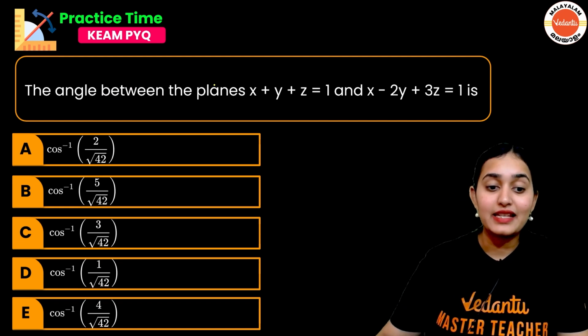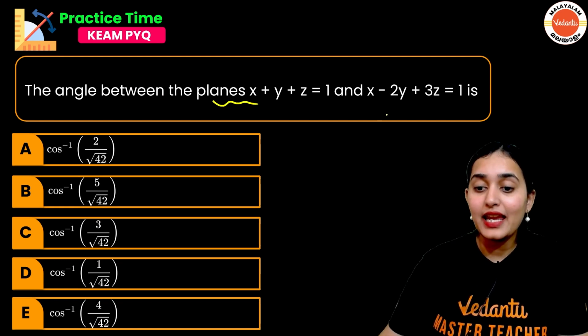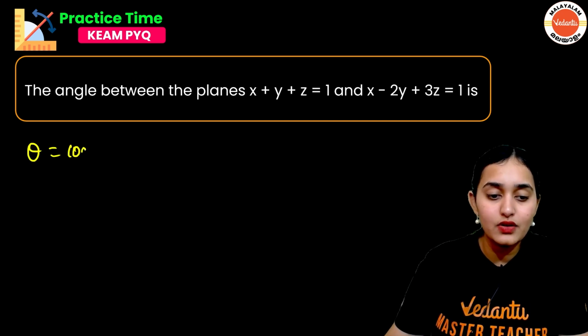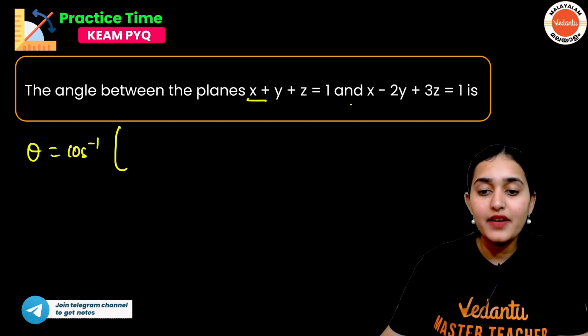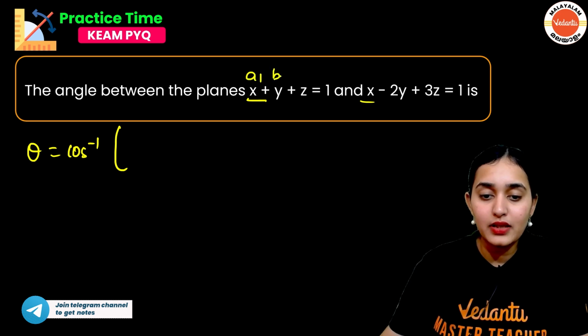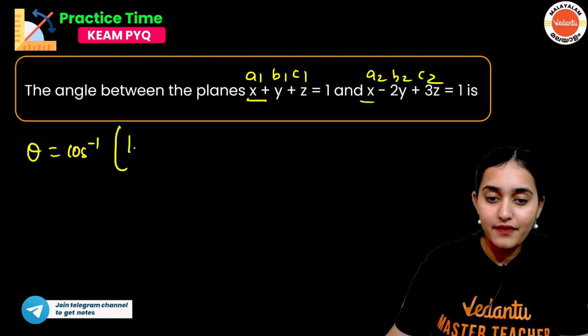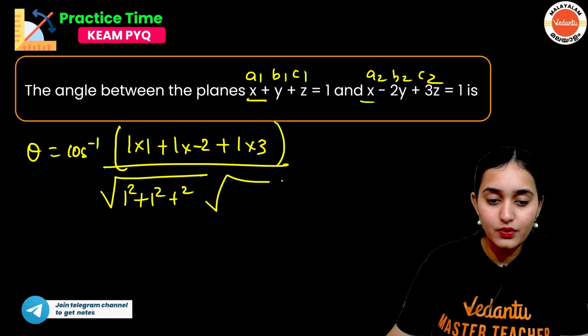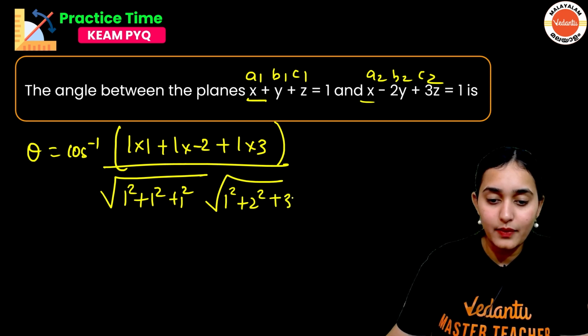Okay. Next, the angle between the planes will be dash. How to find out the angle between planes? Theta is equal to cos inverse of A1 into A2. So this is A1, B1, C1, A2, B2, C2. So just multiply 1 into 1 plus 1 into minus 2 plus 1 into 3 upon root over 1 square, 1 square, 1 square, root over 1 square, 2 square, 3 square.